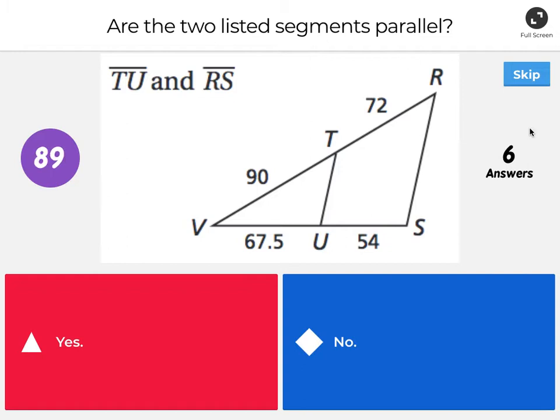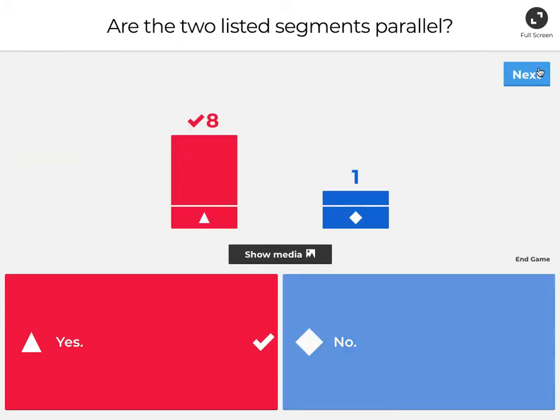You have to check if those are equal, guys. 90 over 72 is the same thing as 5 over 4, and this is also 5 over 4 if I simplify it. Does that make sense? Since they're the same, the lines are parallel.